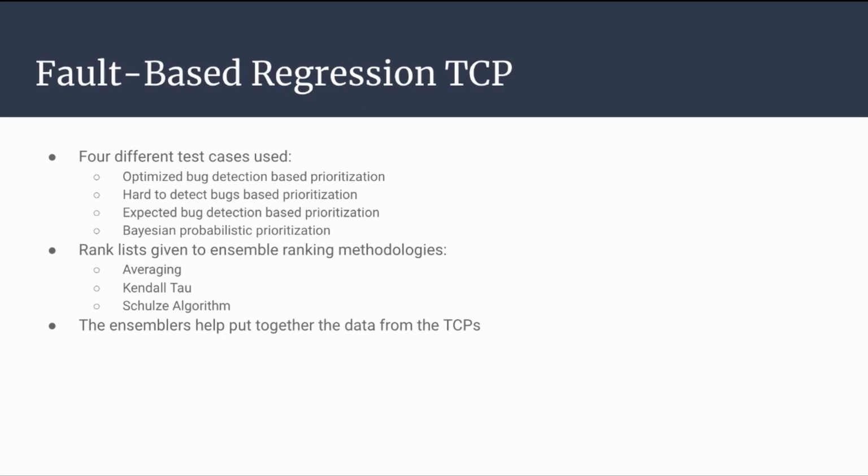For optimized bug detection test case prioritization, a test case gets a higher rank if it detects a higher number of bugs that are not usually or commonly detected.